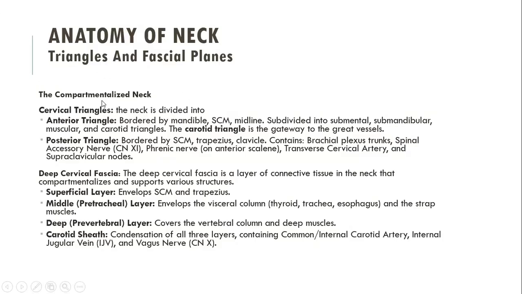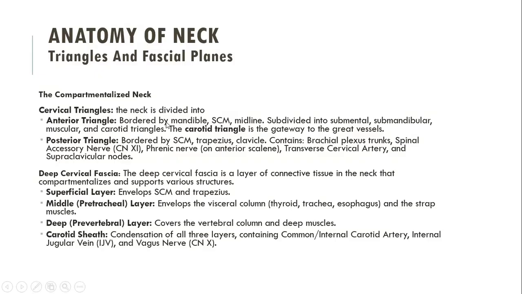Now you can see the neck is some kind of compartmentalized area or region. So it has cervical triangles. The neck is divided into the anterior triangle and the posterior triangle. When you're reading these triangles, you must identify and learn about the borders of these triangles.